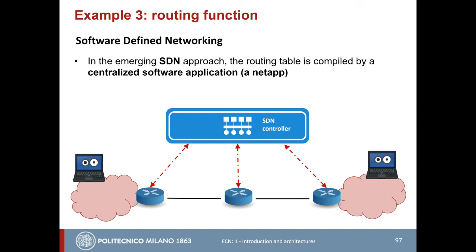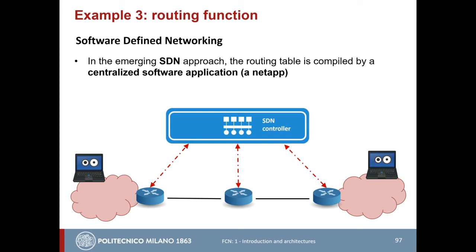And then there is a final way to implement the control plane. This is centralized, and all the routing tables are written by an external controller. This controller can be controlled in its turn by software applications.